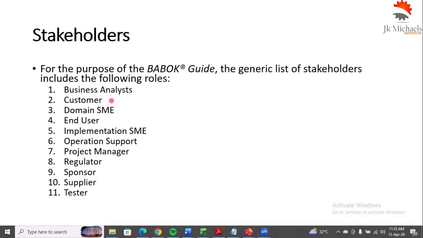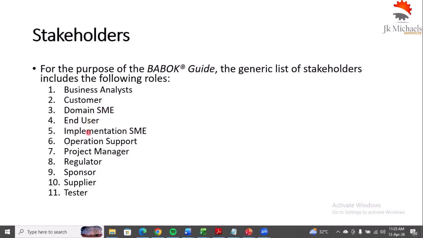The solution is going to affect his domain. Look at, for instance, we want to build software for taxes, or collecting accounting information. Then the accountants in the department are going to be the domain that will be affected by the rollout of that solution. We have end users that would interact with the solution to achieve a goal or objective.